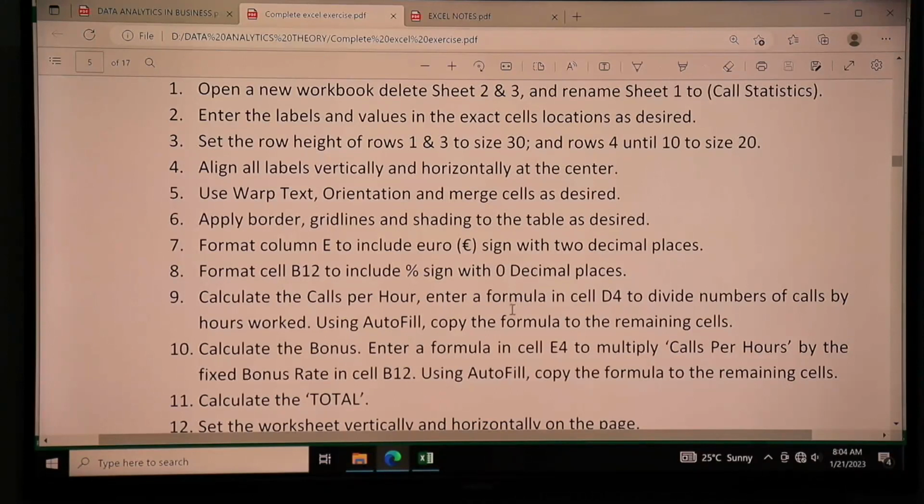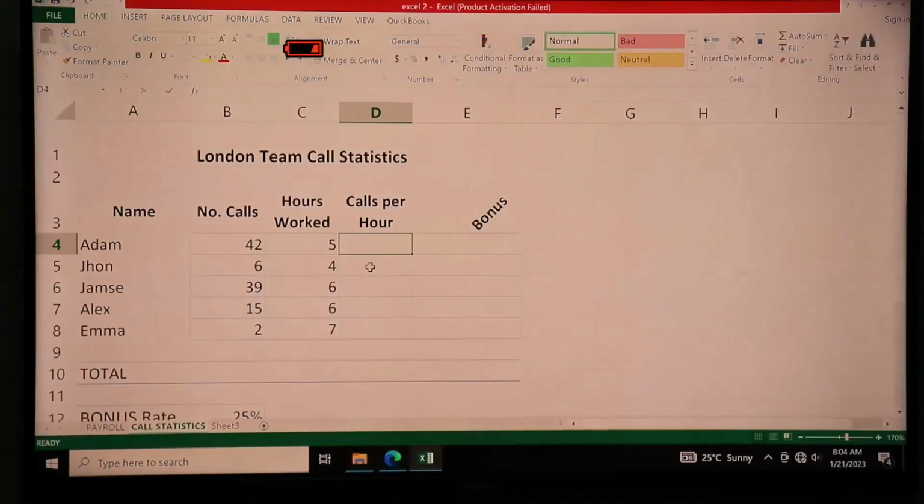So how do you get this? Or how do you actually process this? You are told to take this, divide by. So the formula should start with an equal sign. So we say equals the number of calls divided by the hours worked. And then you press the enter key.